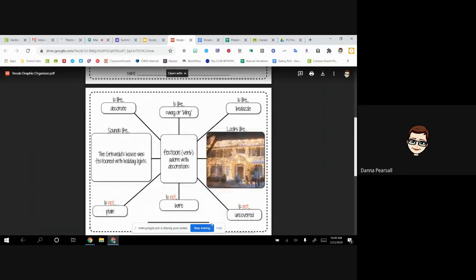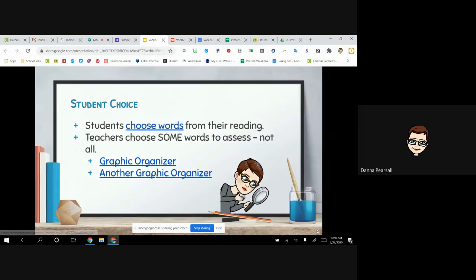So synonyms, antonyms, sounds like would be maybe a sentence using the word, and then looks like would be a picture of the word. So they would do that all for just one of the words of their 10 or 15, and I would just assess that one word. So that makes the assessment part a little bit easier on the teacher.